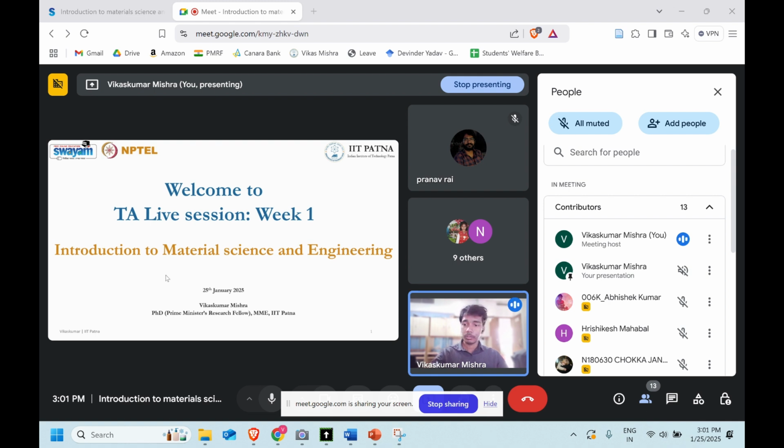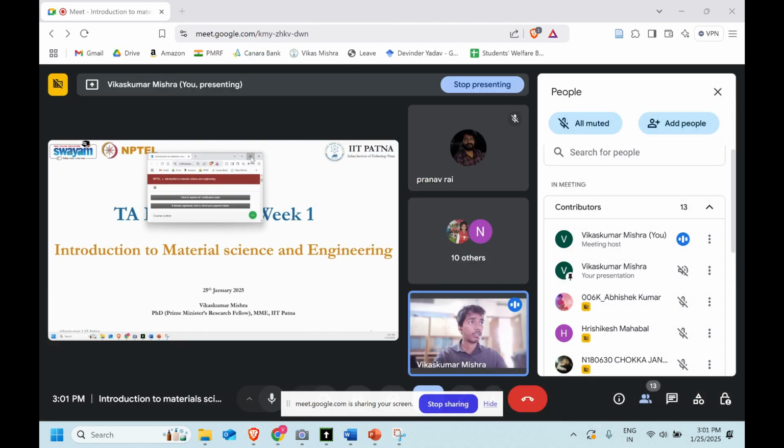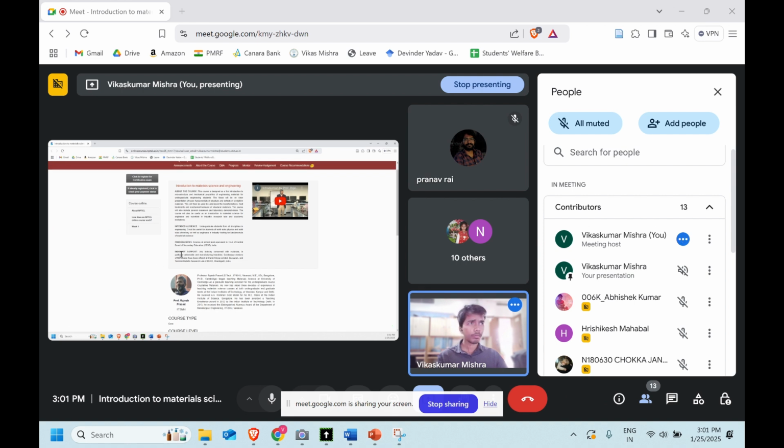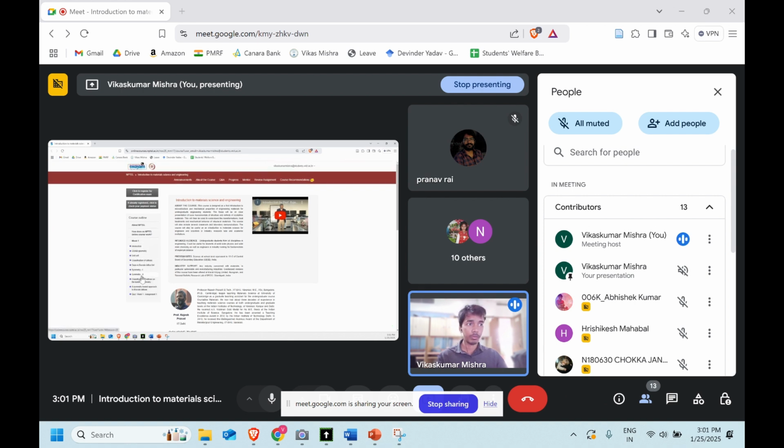So with that, let me introduce you to the portal. The portal is something like this. Here we can see that the week one content is out. There are a couple of lectures and the assignments. I have already solved and submitted the assignment, just to know what questions are available. Later on, like next week, a new box will be added over here, which will take you to the recording of this doubt solving session.